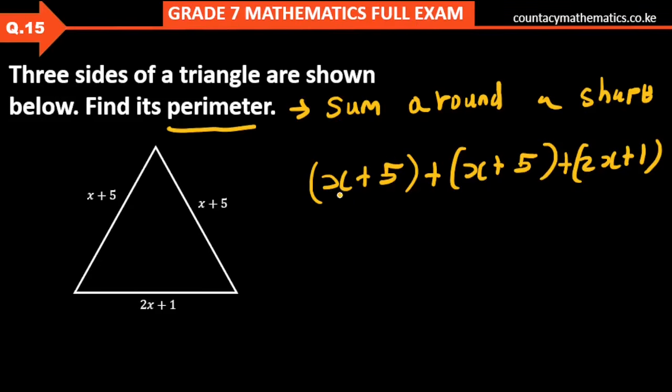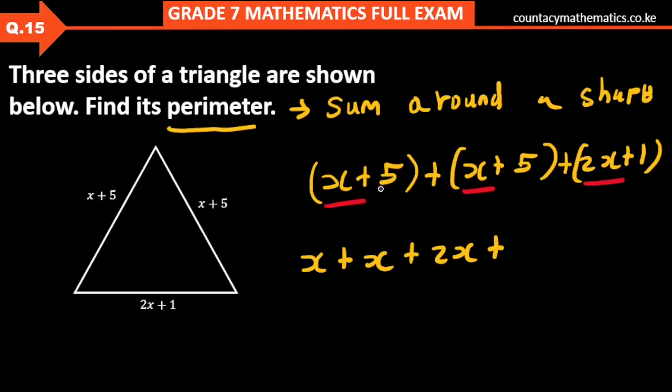For instance, we see that we've got some x in different places. We have this x here, we've got an x there, and we've got some 2x there. Therefore, we put them together to have x plus x, this one plus 2x, and then plus, do we have anything else?